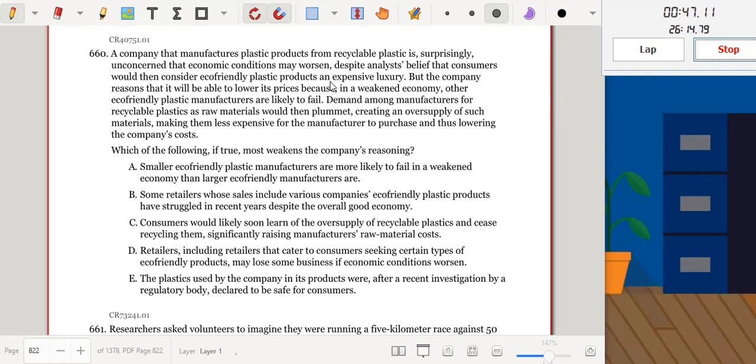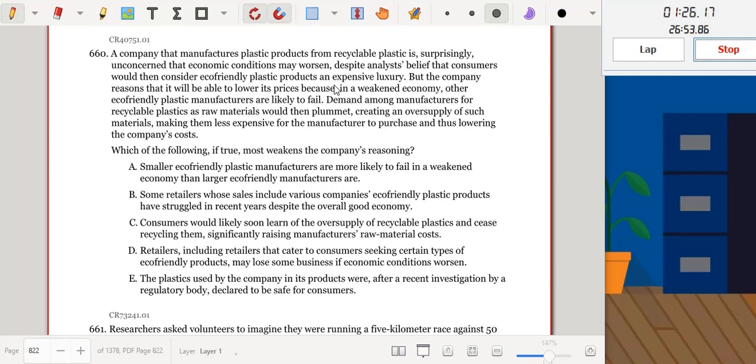Analysts believe that consumers would consider eco-friendly plastic products an expensive luxury, but the company reasons that it will be able to lower its prices because in a weakened economy, other eco-friendly plastic manufacturers are likely to fail. Demand among manufacturers for recyclable plastic as raw material would then plummet, creating an oversupply of such materials, making them less expensive for manufacturers to produce and thus lowering the company's cost. So what reason is the company giving?